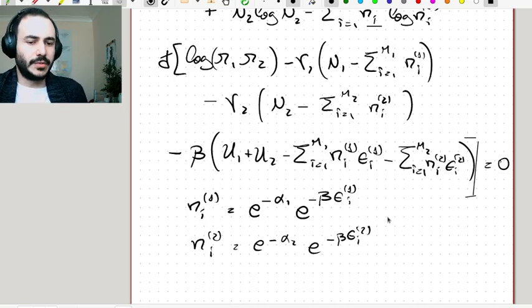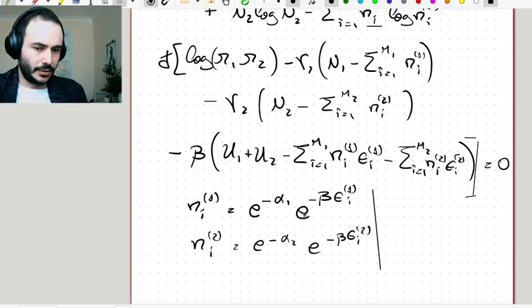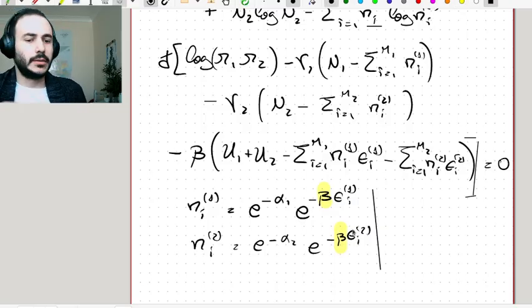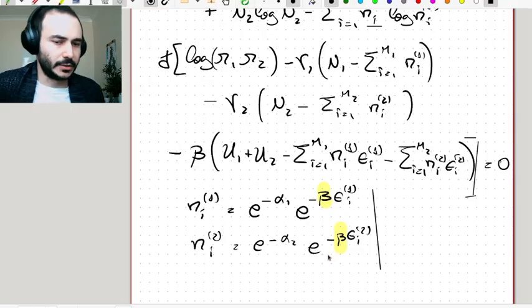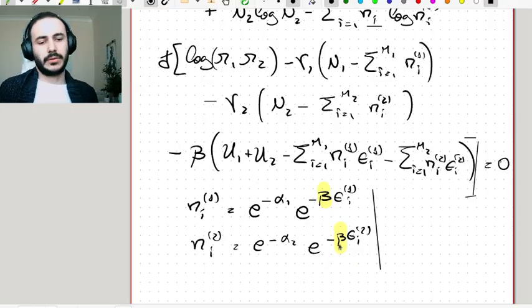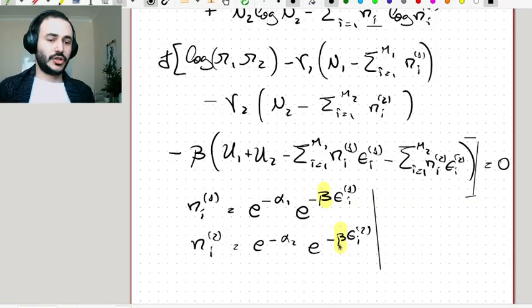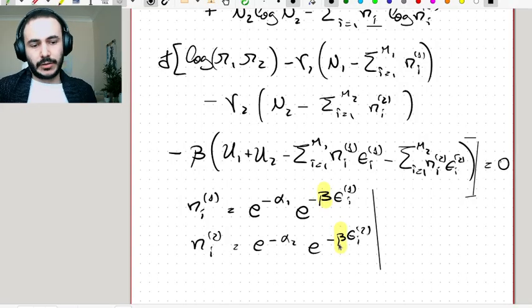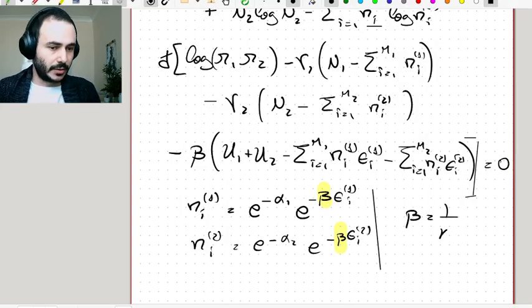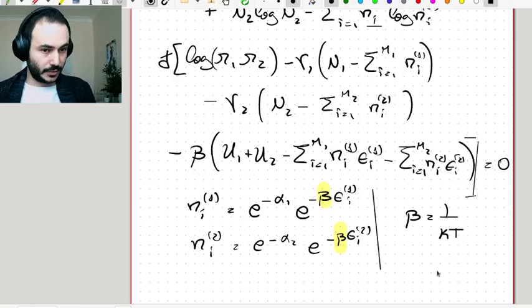So you see, before you put them in thermal contact, you had the same thing, but with a different beta 1 and beta 2. Once you put them in contact, the equilibrium configuration that comes out of Lagrange undetermined multipliers turns out to be something where the occupations of the two different systems share the same beta. So it does make sense to think of beta as the inverse temperature. So that is consistent. That is something reasonable to think.